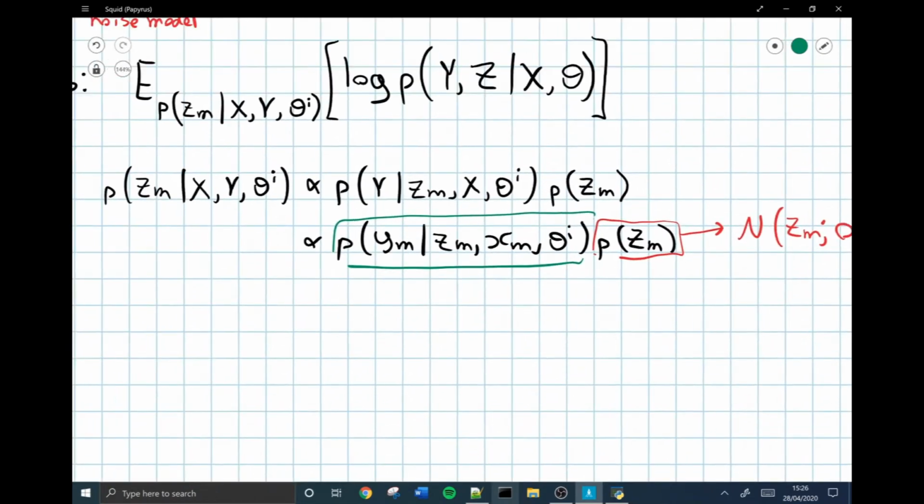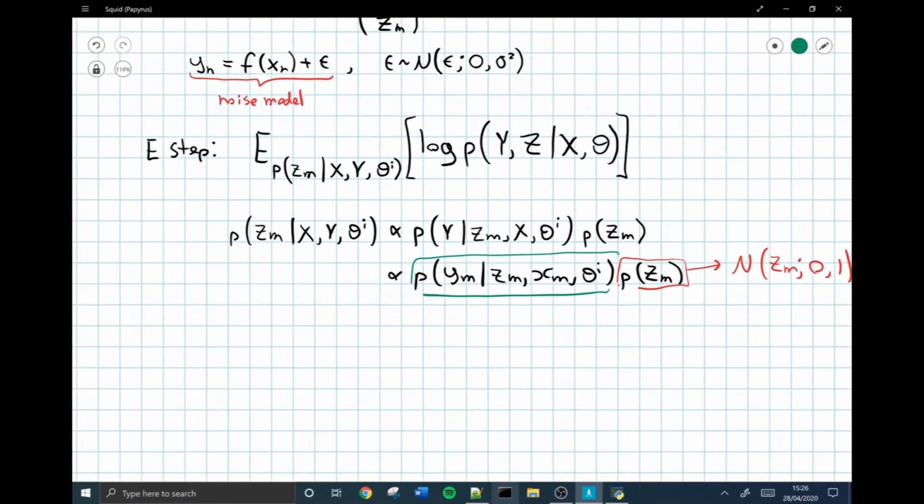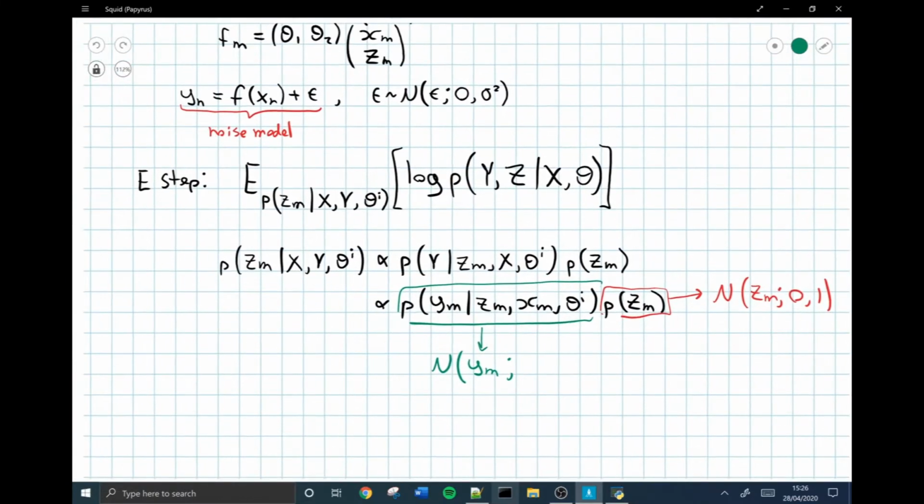And then this, so I'll use a different color. So that is given by our noise model, which is up here. So this thing is a normal distribution with ym as the argument. And then the mean is equal to the response of our model at the mth input, so that's here.